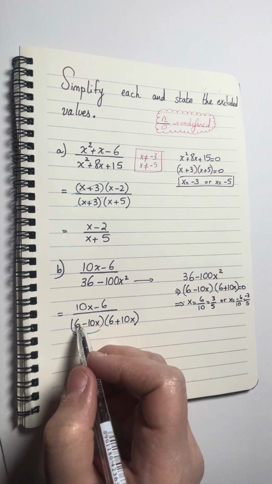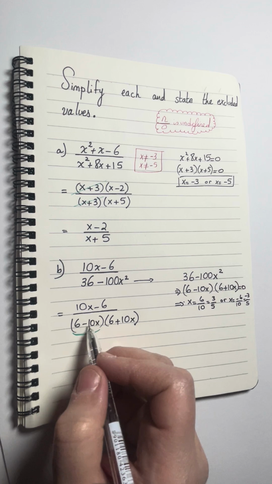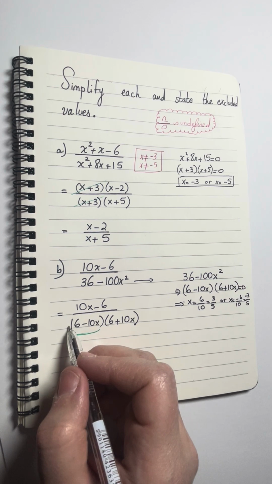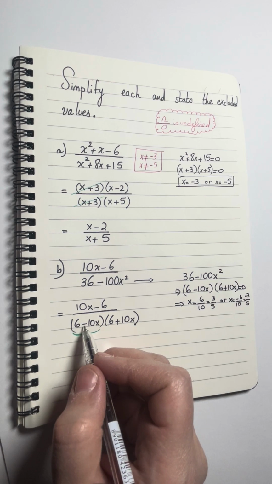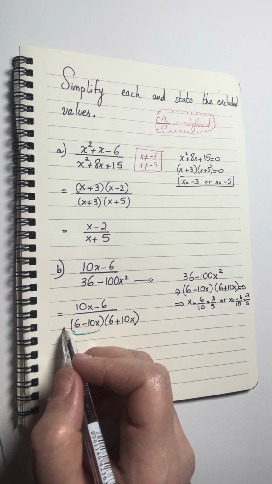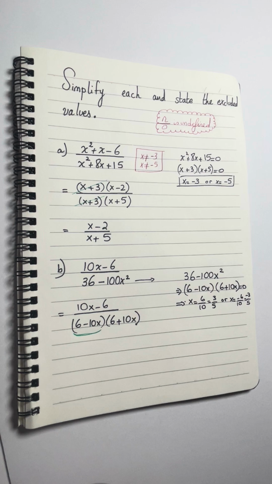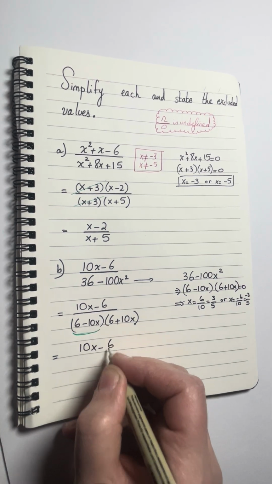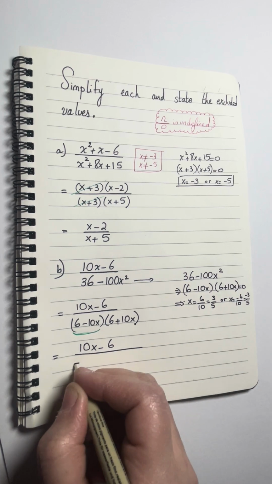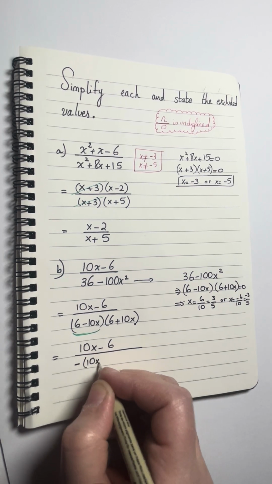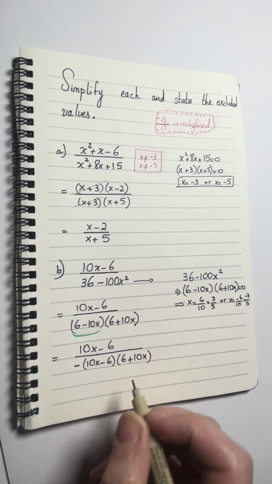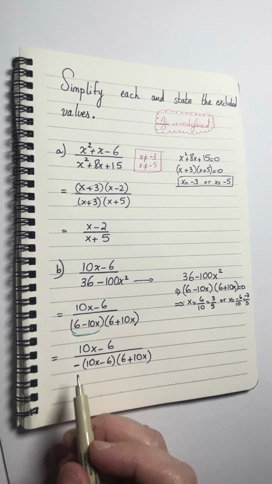So instead of having 10x, I have 6. If I take minus outside, or in other words, I multiply by minus inside and minus outside, then I can write this as (10x minus 6) over minus (10x minus 6)(6 plus 10x). So I took the minus outside.